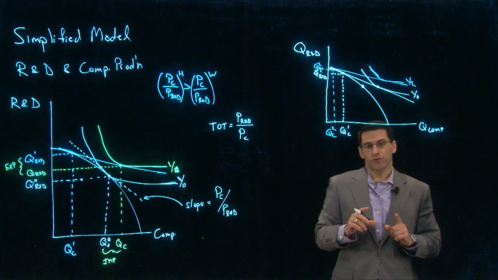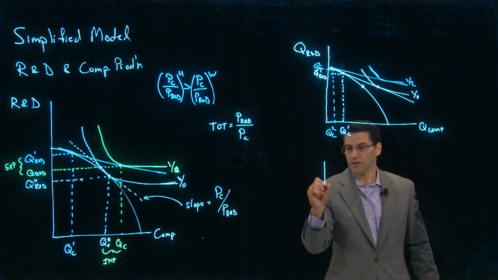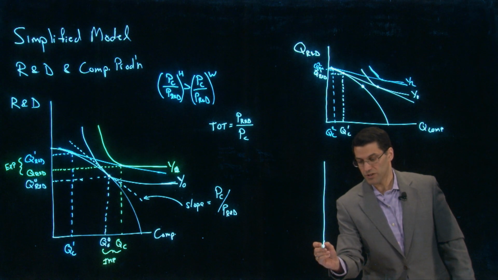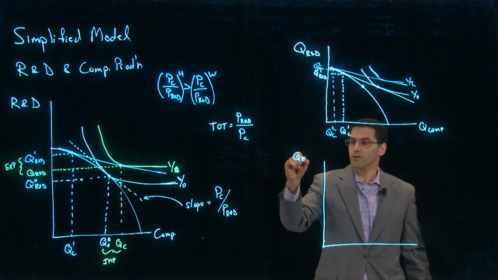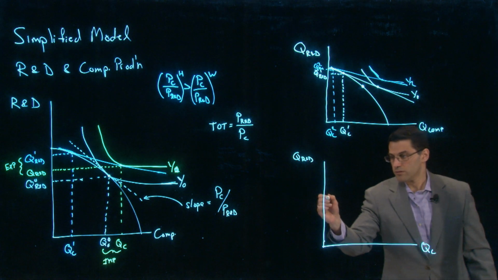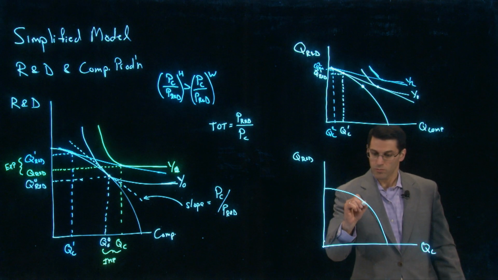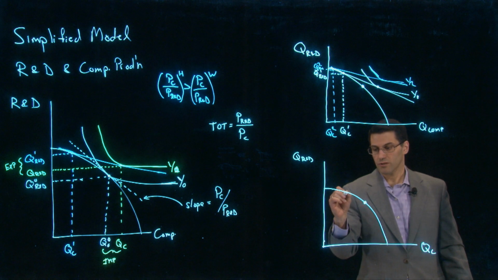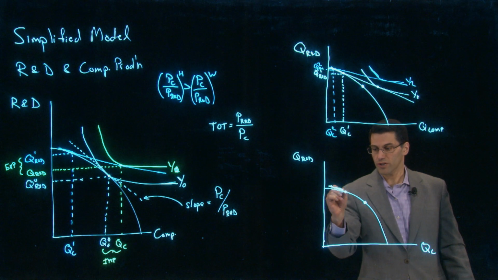Now, what happens if the terms of trade go against the home country? So now instead of having the relative price of R&D go up, relative price of R&D is going to go down. And so let's take our same starting point. Some initial point in our PPF. So there's our autarky point, and we're producing here initially in free trade.